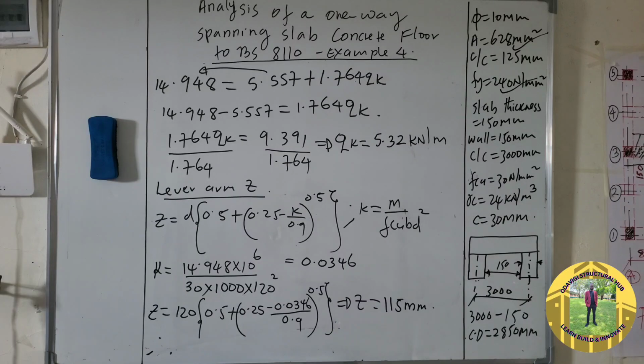So therefore, hence assumed value of Z is the correct, and the maximum distributed load that the floor can carry is equal to 5.32 kilonewton per meter.